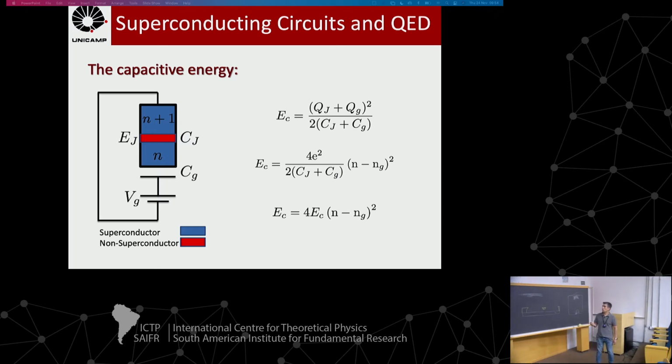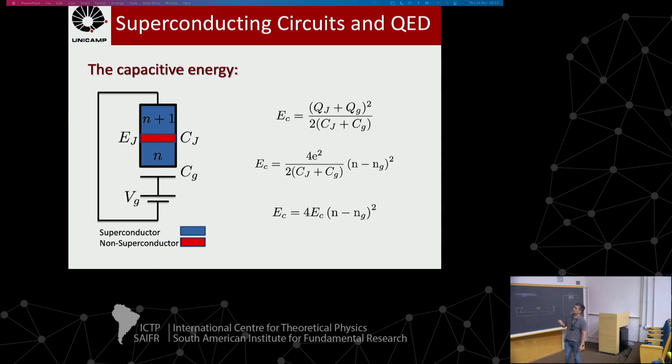First thing we're going to do is, what's the capacitive energy you have in this kind of circuit? You have some energy because of this Cg here, and some energy because of this Cj here. So the total capacitive energy will depend on the charge Qj and Qg, squared over 2 times Cj plus Cg.